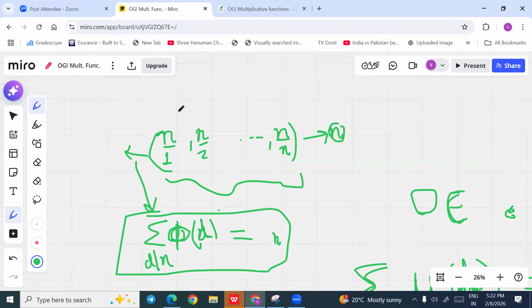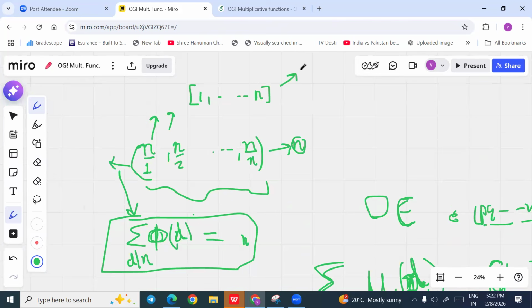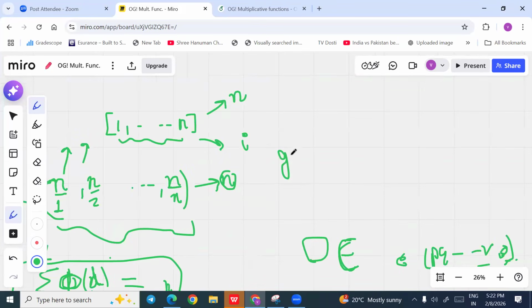So basically what you want to do is express this in simplest form. You will count the numbers 1 to n in two different ways. First of all, obviously there are n numbers, that's trivial. Secondly, we'll count these numbers on the basis of their GCD. Let's say we take a number i from these and we want to look at GCD of i comma n. Trivially this has to be a divisor of n, right? Let's call this g of i.